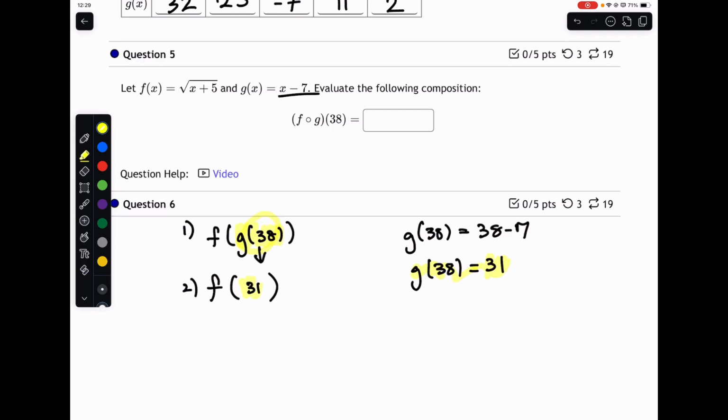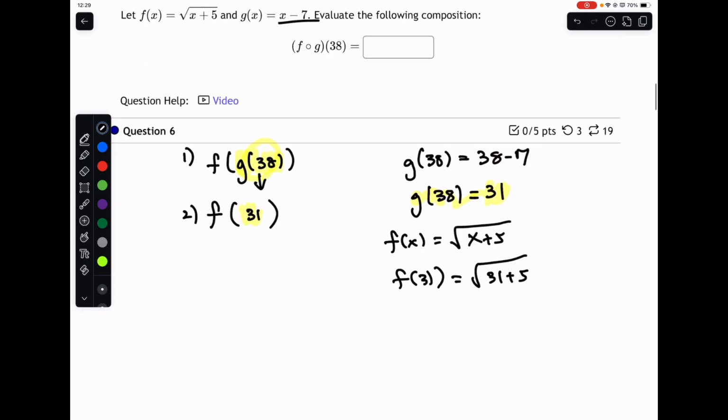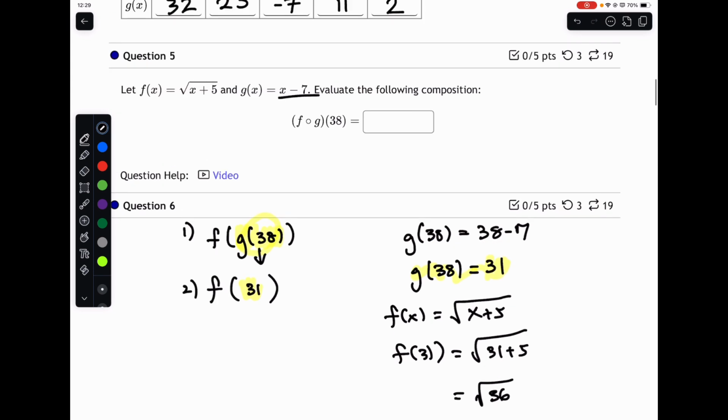So I'm going to plug the 31 into f. And since f of x is the square root of x plus 5, f of 31 would be the square root of 31 plus 5, which is the square root of 36, which is the value of 6. So our answer to this example is 6.